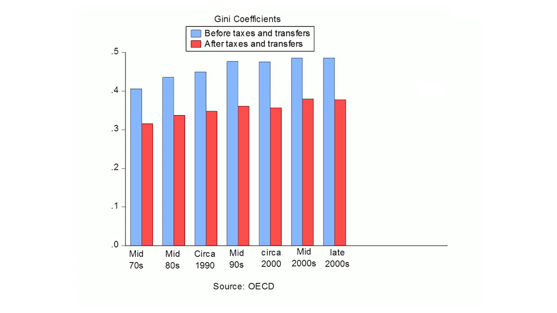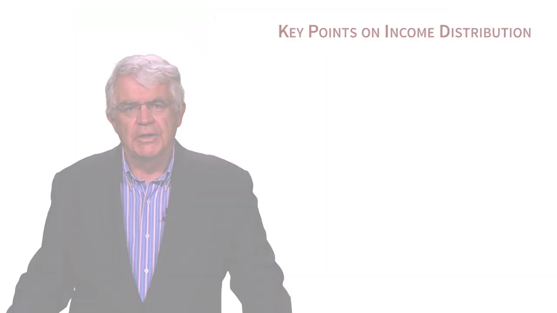But in both of these cases, the Gini coefficient is increasing. It's increasing before taxes and transfers, and it's increasing almost by the same amount after taxes and transfers. So this increase in inequality is most likely due to factors other than changes in taxes and transfers. And one really important question in economics is why.